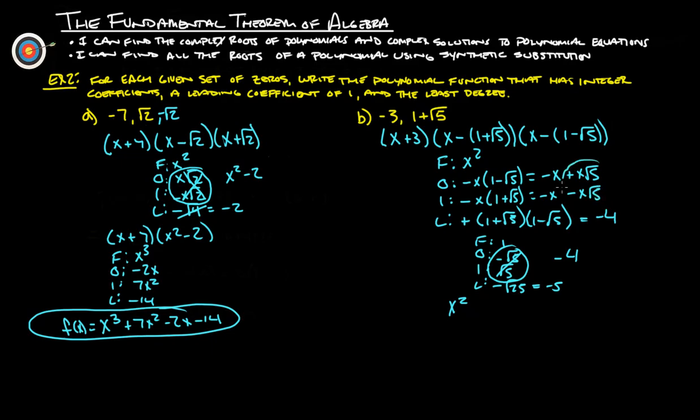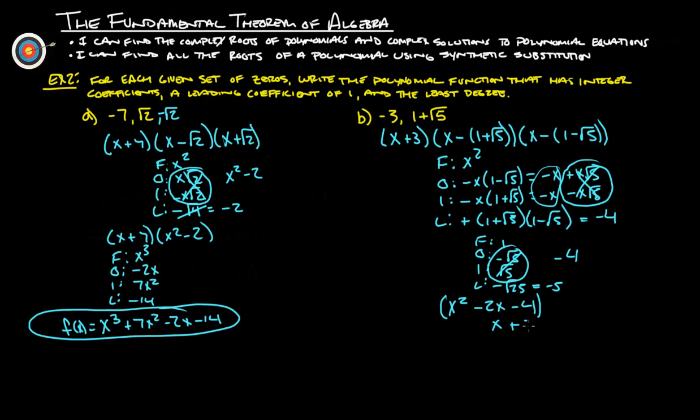So those are going to cancel each other out when we add them together. So we have x squared minus 2x minus 4 is what this big mess ends up to be. And then we still have to multiply it by x plus 3.